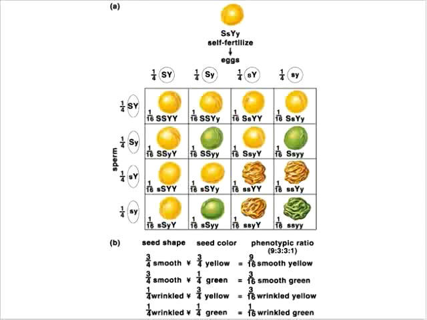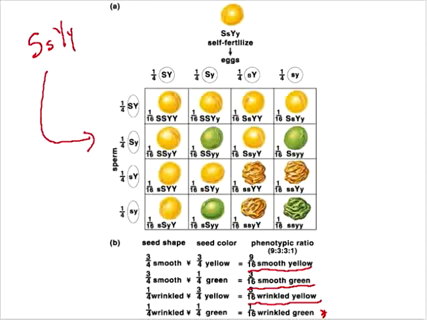Again, another example. In this case, we are looking at seed color and seed shape. Smooth versus wrinkled, yellow versus green. Completing the square between 2 individuals which are heterozygous yields the following results. 9 smooth and yellow, 3 smooth and green, 3 wrinkled and yellow, 1 wrinkled and green.